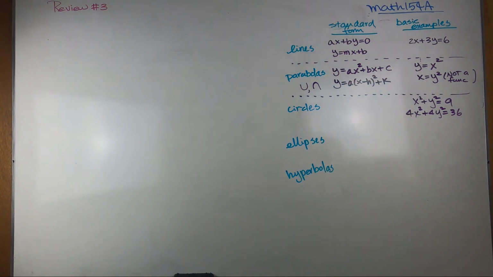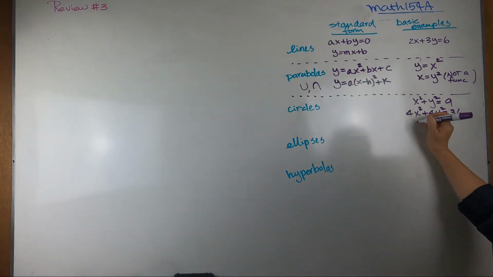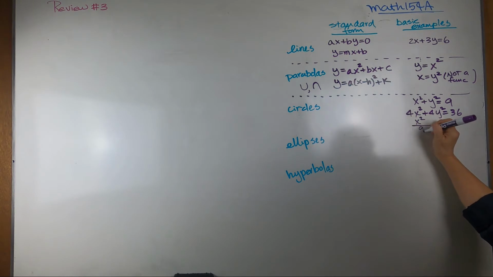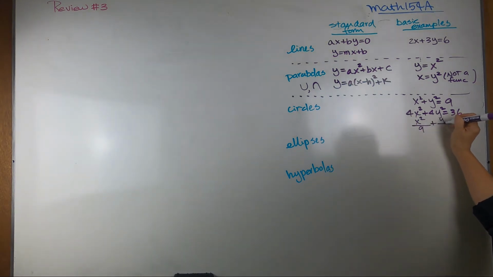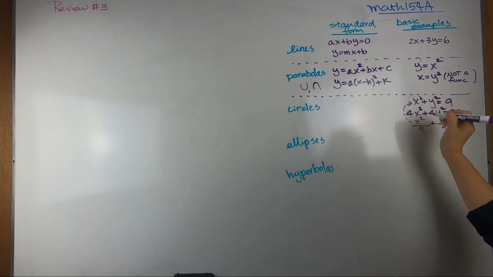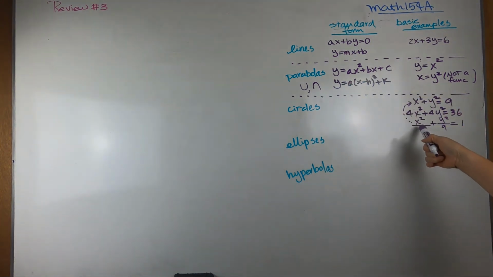You can write it this way. Or you can say x squared over 9 plus y squared over 9 equals 1. This is the same, right? Divided by 9. That means A and B are the same. Then you have a circle.